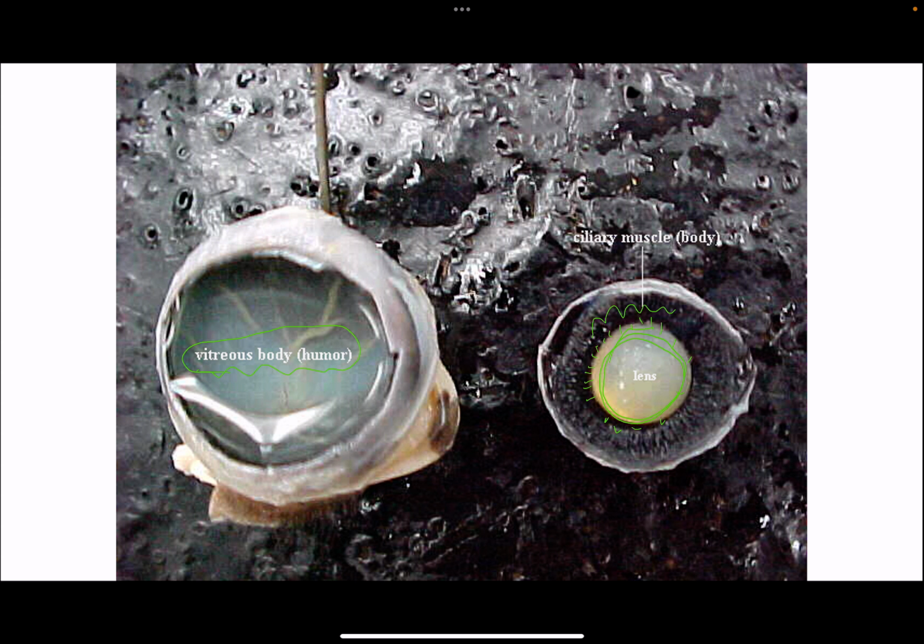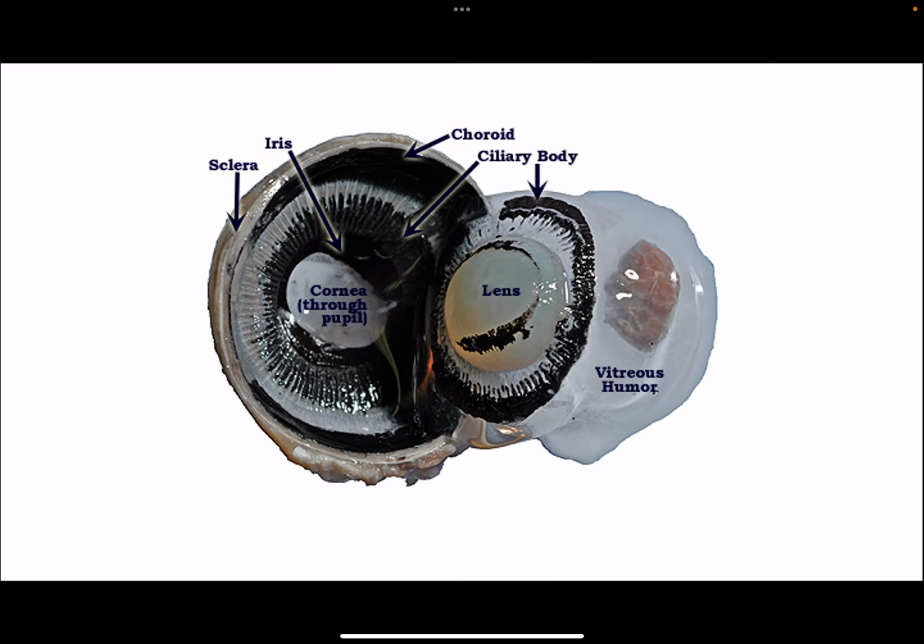This is a cross section. Sometimes I do cross section with my students, sometimes we do longitudinal, depending on what we have to look at clearly. So the outer tough region again is the sclera, in cross section. This one is the iris, a dark color structure.